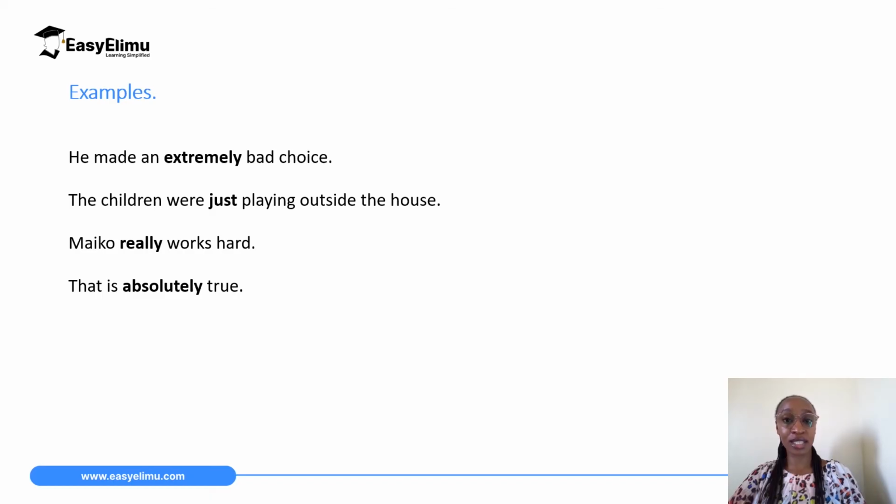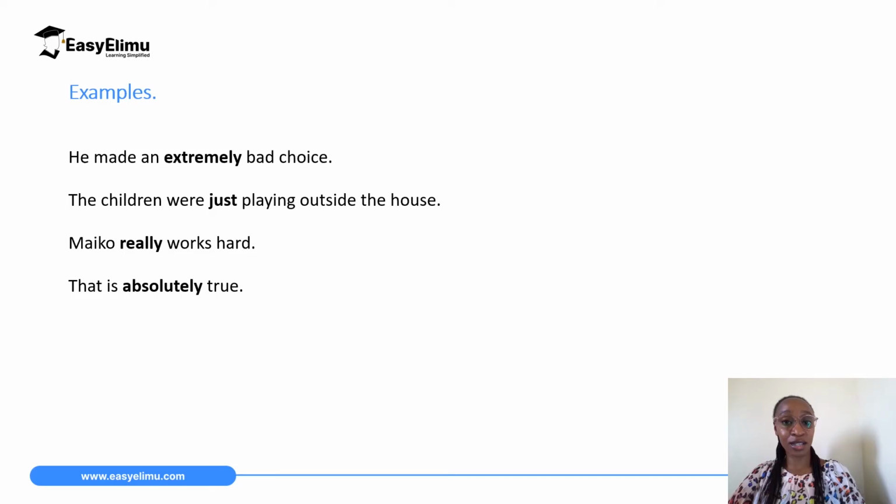He made an extremely bad choice. So how bad was this choice? It was extremely bad. When you look at this sentence, it would have been correct if we had said, he made a bad choice.